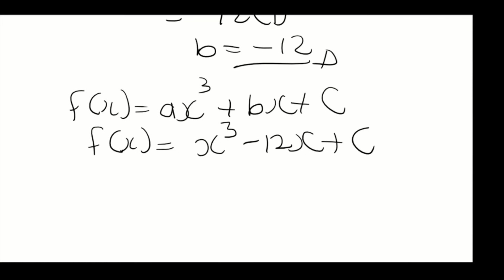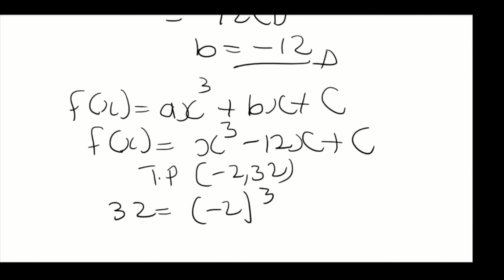So what we're going to do is substitute our turning point of minus 2 and 32. So it's going to be 32 equals minus 2 cubed minus 12 times minus 2 plus c.